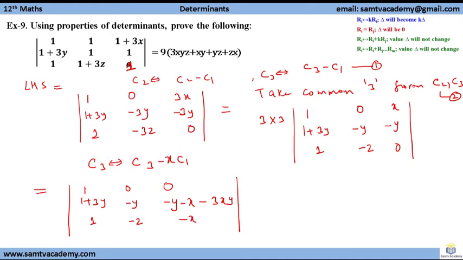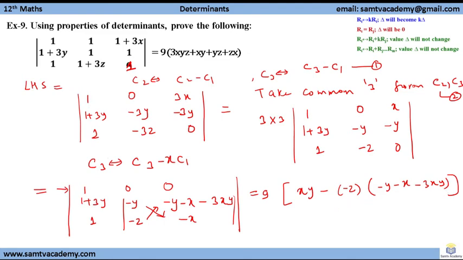Now if you expand it along this row, first term, so this and this you will get. So 9 is there, and now you are expanding it along this one, this and this. So xy minus, and z is multiplied, minus z multiplied y minus x minus 3xy. So here you will get plus 3xy, 9 is common, and I will write it again.